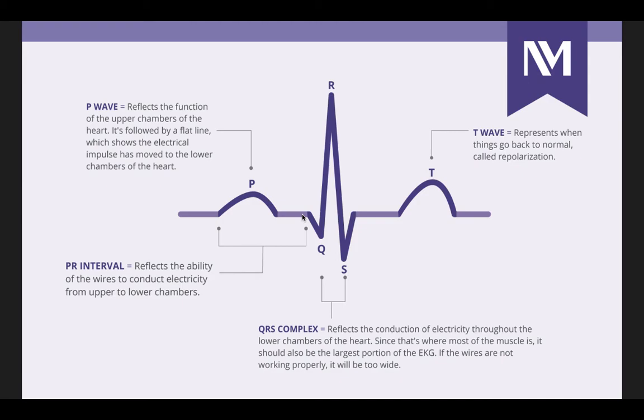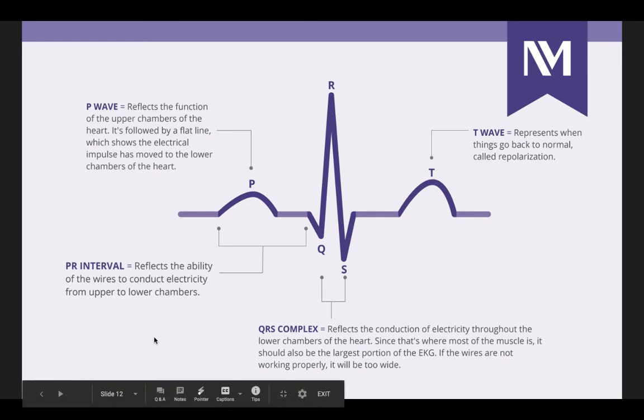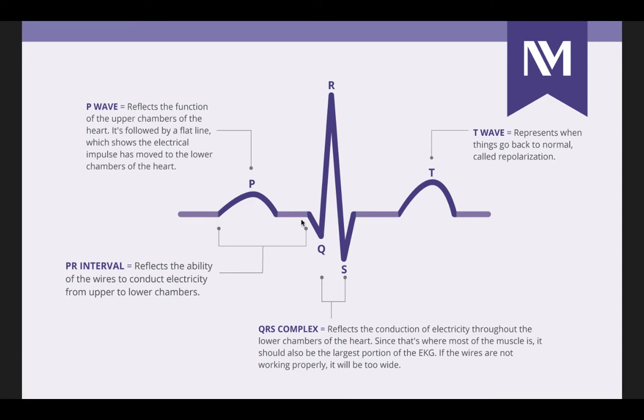You have the PR interval. So the P and then right to the beginning of the R, this just reflects the ability of the wires to conduct electricity from the upper to the lower chambers. So again, that's summarizing that whole action.